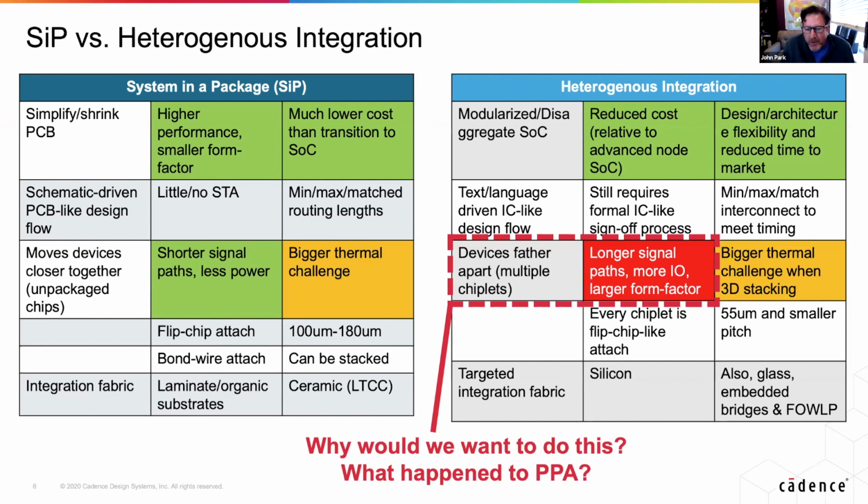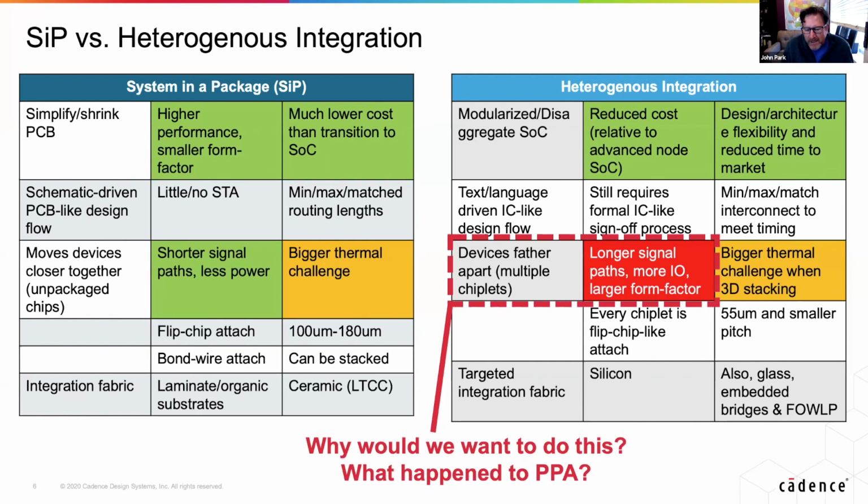The people doing heterogeneous integration come from a chip world, so it's mostly text or language based design flows. They're used to coming from a world that's all about timing, especially on the digital side of things. So there are some big differences that we're going to talk about when you move to this heterogeneous integration world.